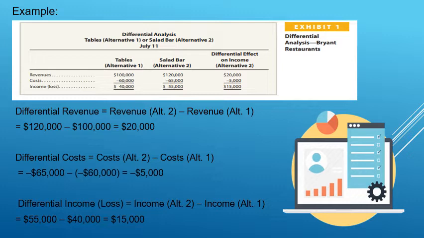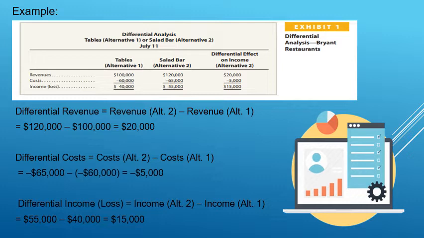First, we have the differential revenue. We subtract the revenue under alternative 1 from the revenue under alternative 2. So we have $120,000 minus $100,000, so we come up with $20,000. Second, for the differential cost, we subtract the cost under alternative 1 from the cost under alternative 2.